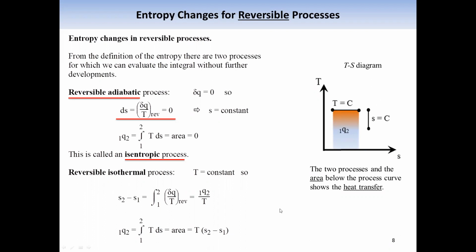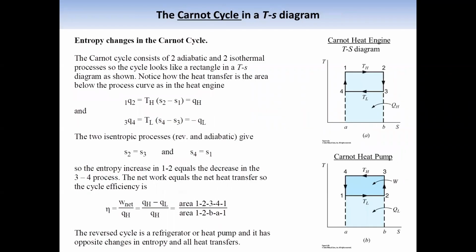Then if we look at the isothermal process, it's interesting to know that for an isothermal process, temperature remains a constant during the change, and the heat transfer represents the area under the curve. So the rectangular area under this horizontal line represents the heat transfer of an isothermal process.